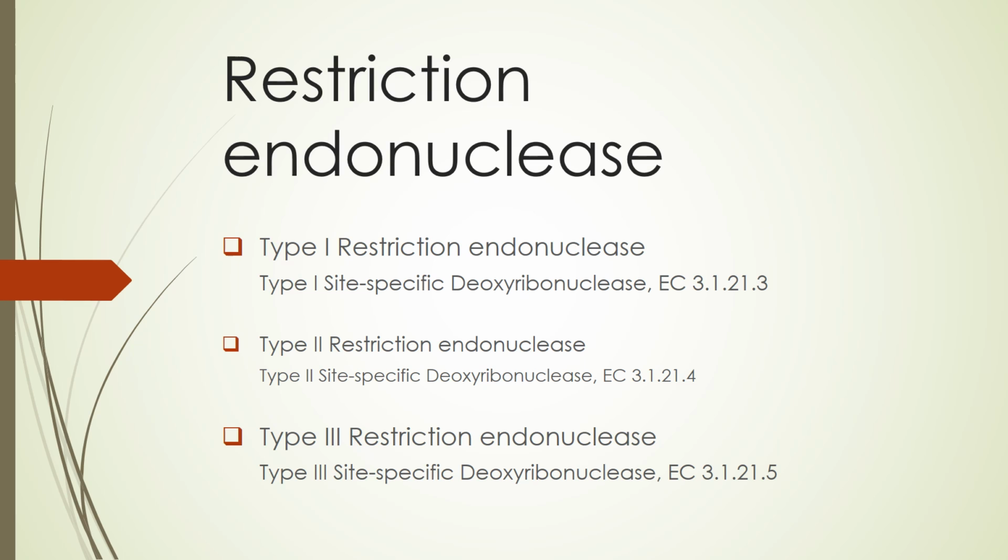Type 1 enzymes are multi-enzyme complexes composed of three non-identical subunits. Number one is R for restriction, number two is M for modification, and number three is S. The S subunit determines the specificity for both R and M.